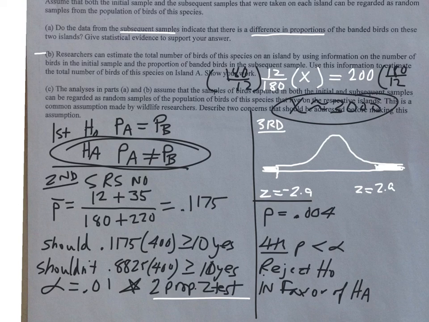Or on the happy side of things, a bird could also be born during that time, if the researchers left the island for some time and then returned. New birds could be born, and of course they wouldn't be born with bands on their legs. There are some other possible issues here too, but those are some good ones to think about in terms of the reality of this question.